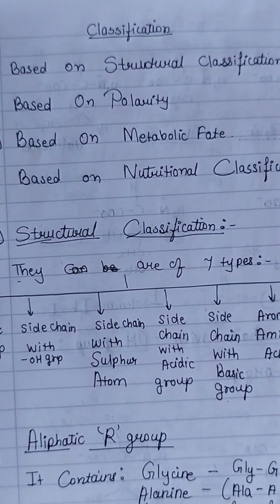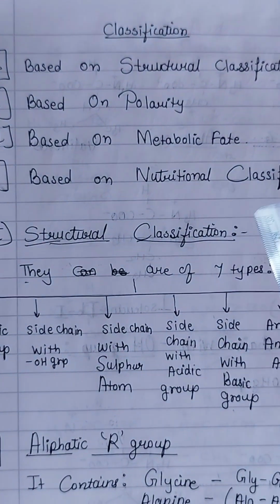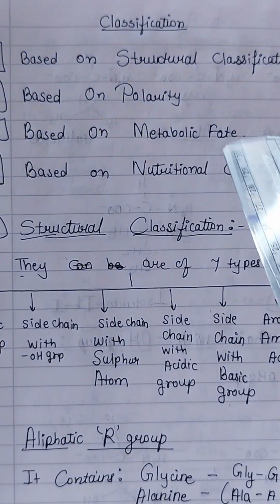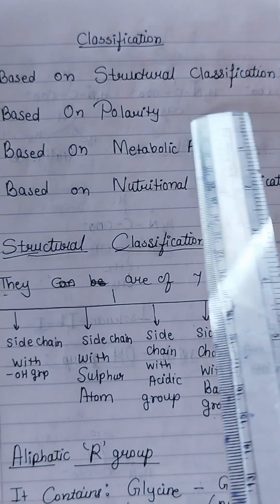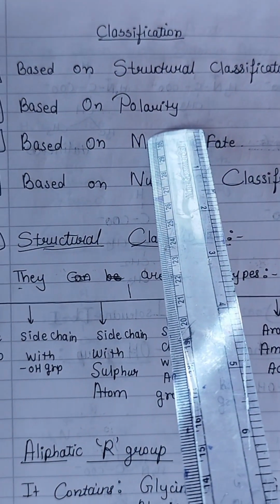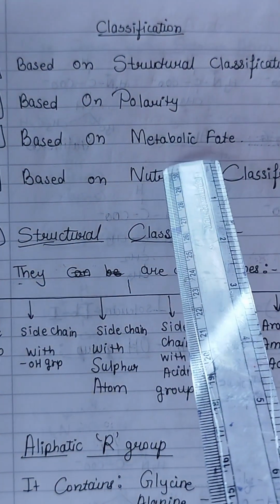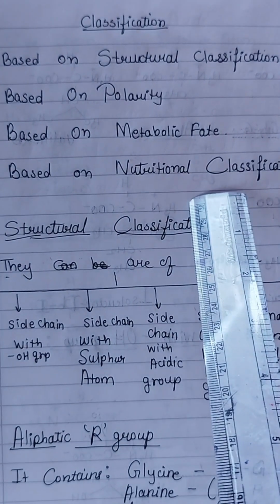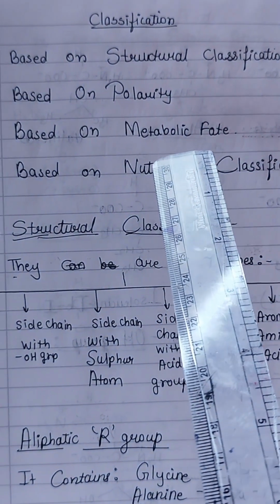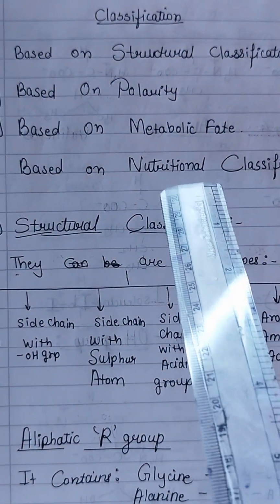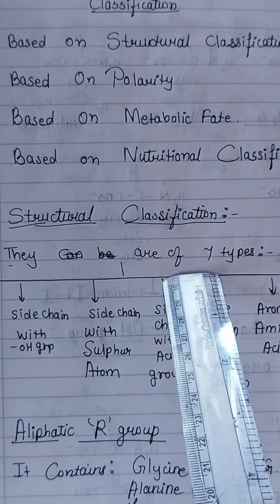Based on this, the amino acids are classified into 4 types. The first is structural classification, second is based on polarity, third is based on metabolic fate, and fourth is based on nutritional classification. We'll study the classification step by step. First of all, we'll study the structural classification.